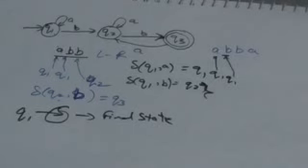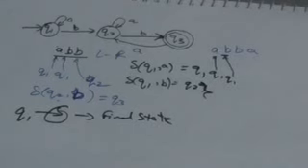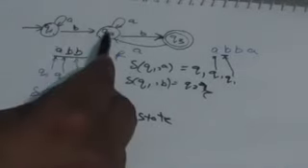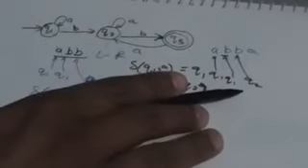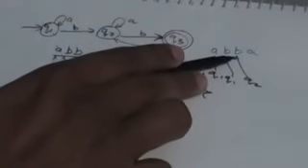Now from here, it has to read the next input symbol B. When it reads B, it jumps to the next state Q2. Now it is in state Q2, and here again it has to read B. So when it reads B, it comes to state Q3.